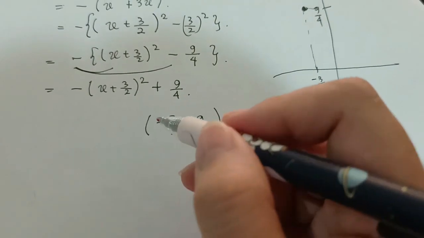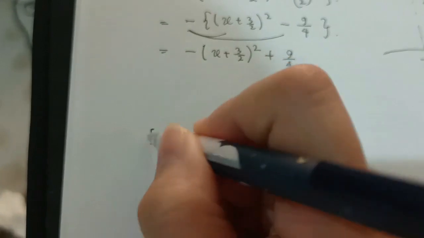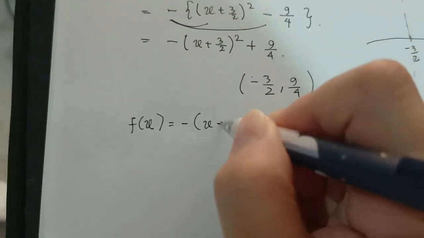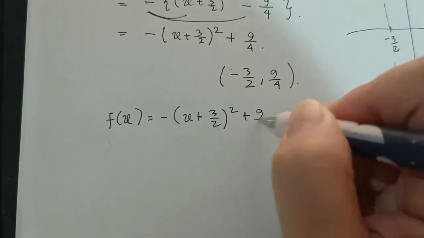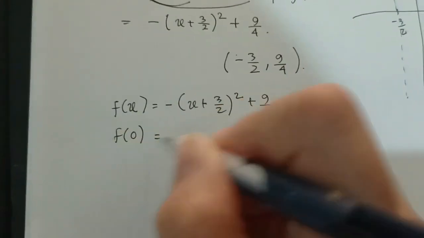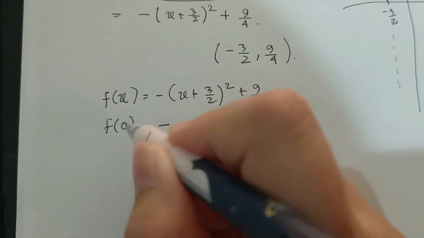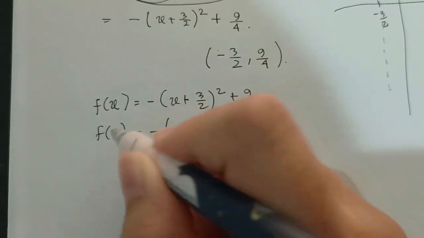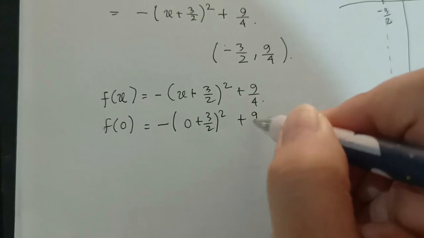Now we are going to try another x, x is 0. f(x), write down first: f(x) equals minus x plus 3 per 2 quadrat plus 9 per 4. f(0), always use my way. Write down like this first, and then you can write down like this. Always detail. The x changes into 0: 0 plus 3 per 2 quadrat plus 9 per 4.